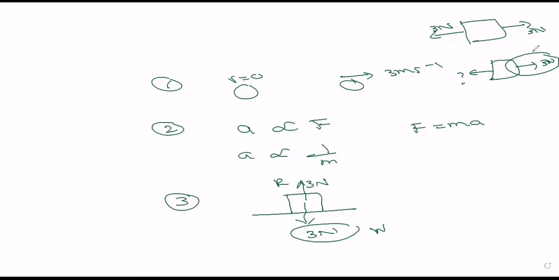Only when there is an unbalanced force will the object move. If you want to stop the motion of the object, you also need an unbalanced force. Without the unbalanced force, you can't move an object, change its velocity, or stop its motion. For everything, you need the unbalanced force. That is Newton's first law.